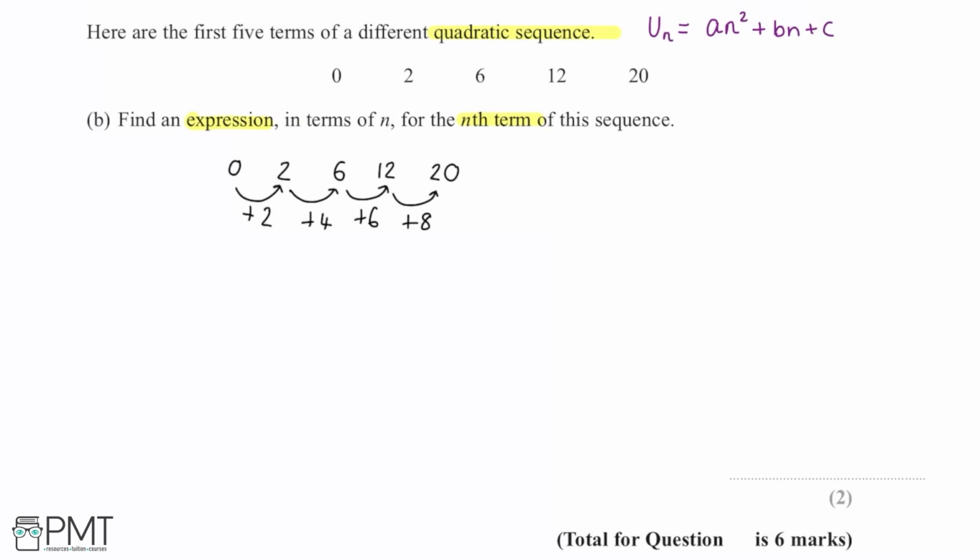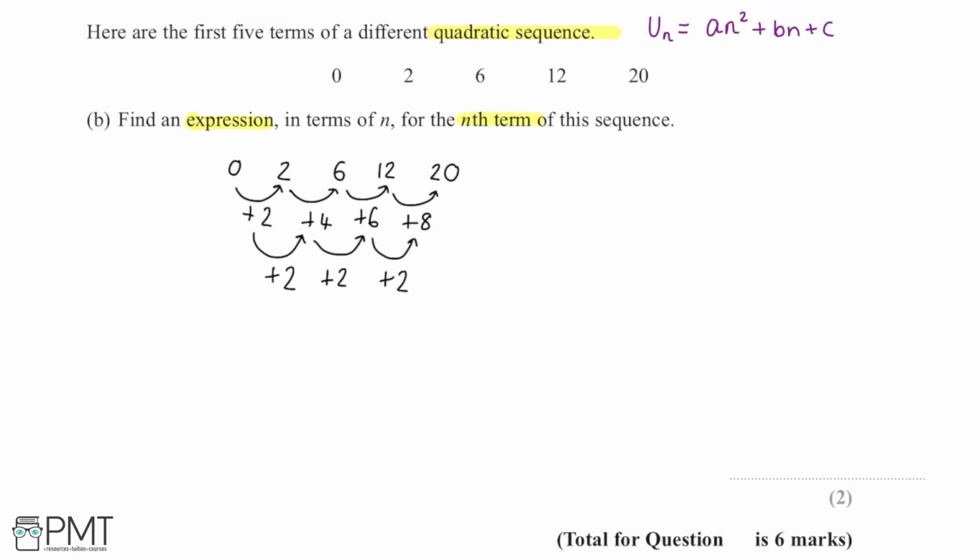As we can see, it's not constant, so the nth term must be of a quadratic form, because there's not a common first difference. But if we then look at the second difference here, between 2 and 4, we're adding on 2. Between 4 and 6, we're adding on 2 again, and between 6 and 8, we're adding on 2 again.